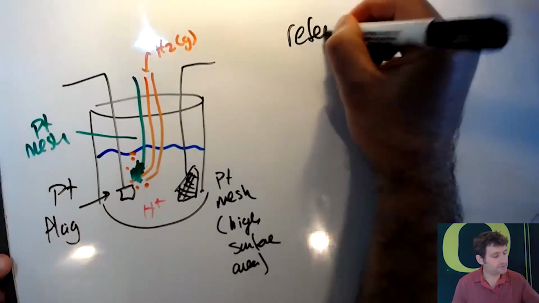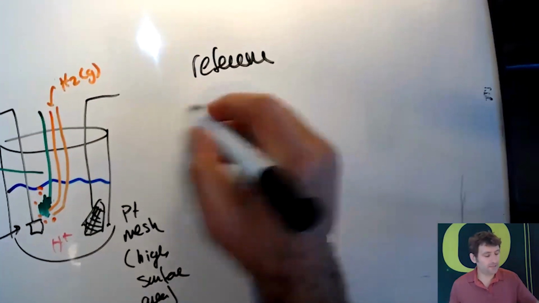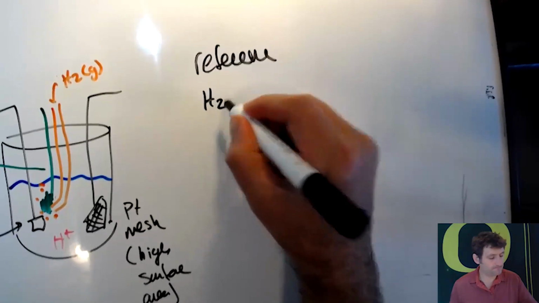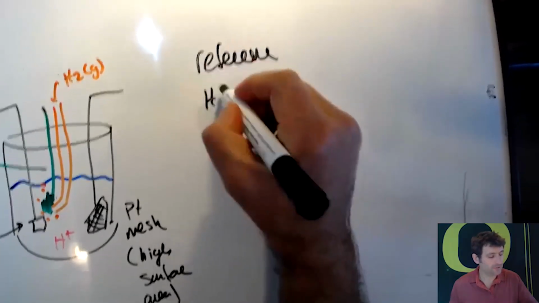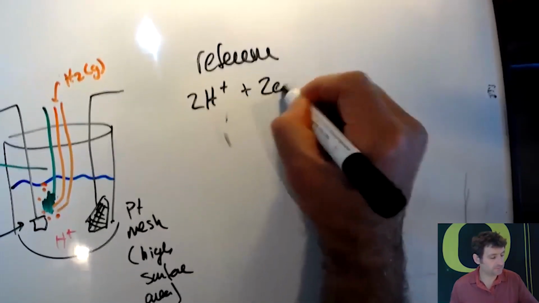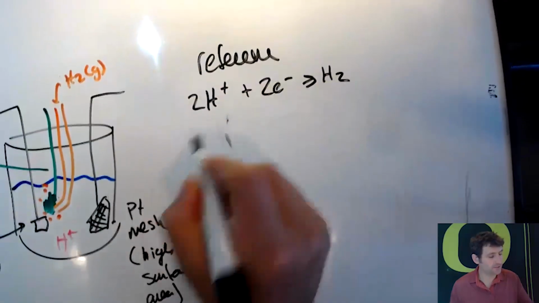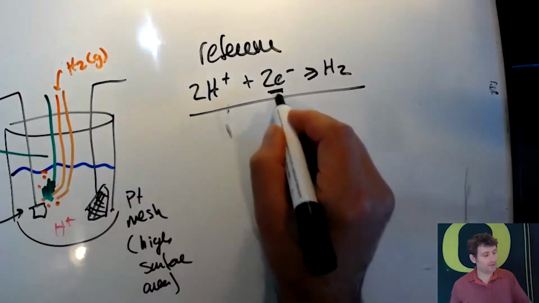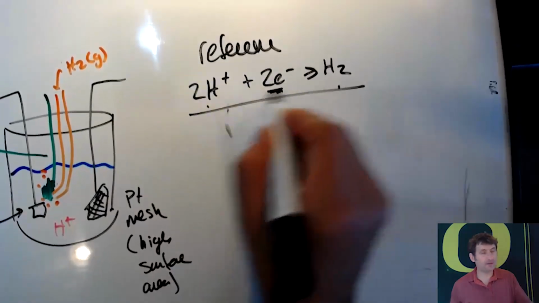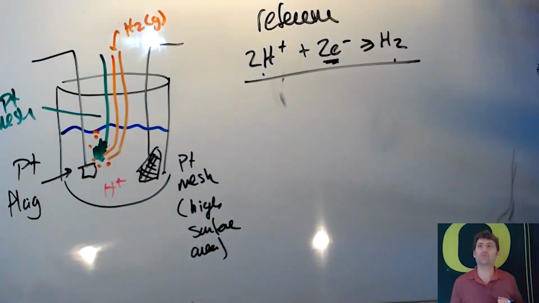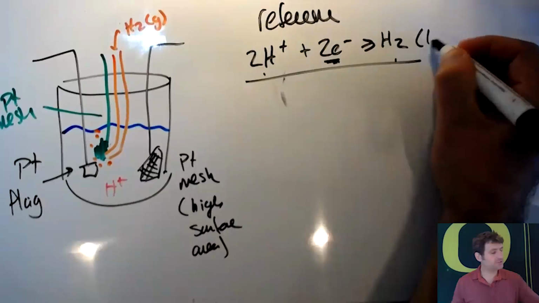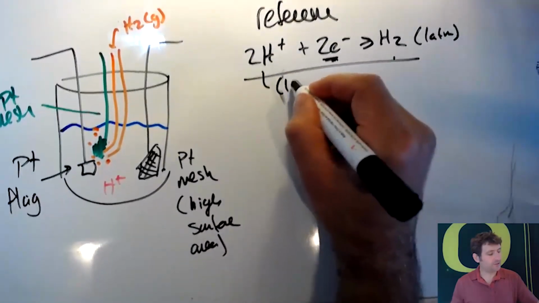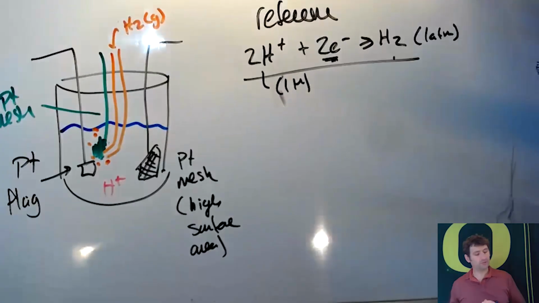So the potential of that electrode is going to be set by the equilibrium with this reduction reaction, right? So the energy of the electrons in this platinum wire is set by this equilibrium. So that's going to be an absolute reference. And remember, H2 is at 1 atmosphere, and H plus is going to be at 1 molar. Okay, let's keep it at 1 molar.